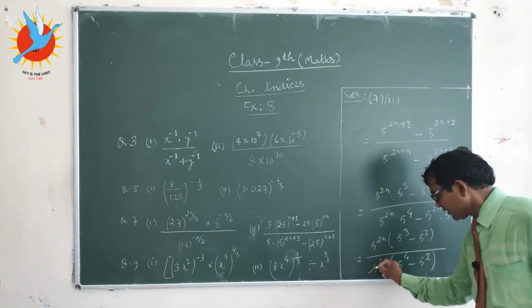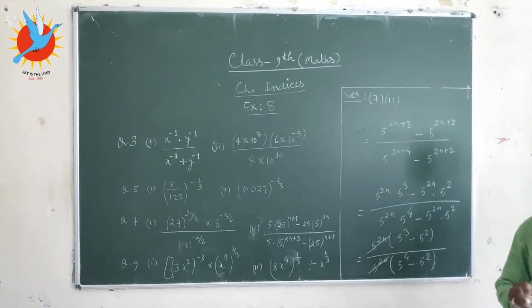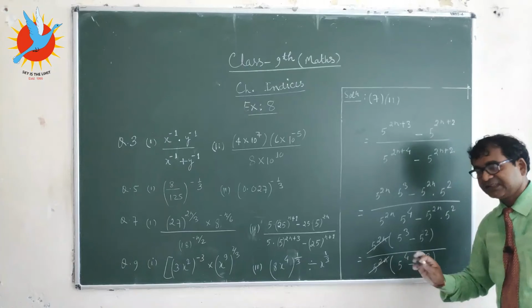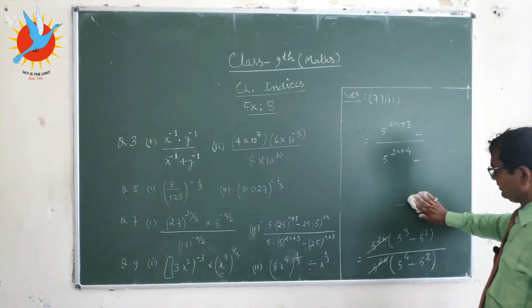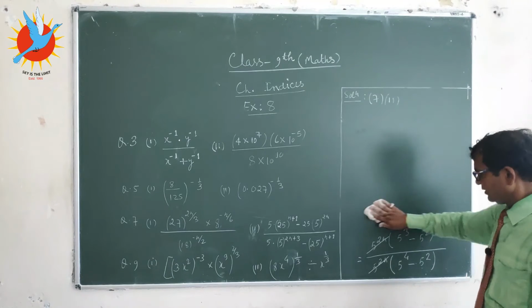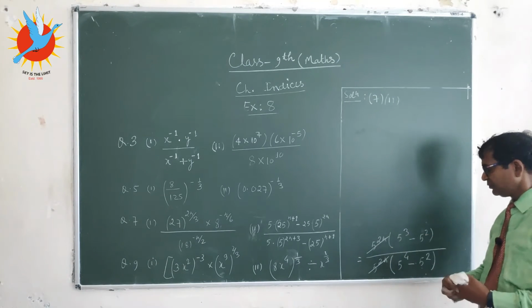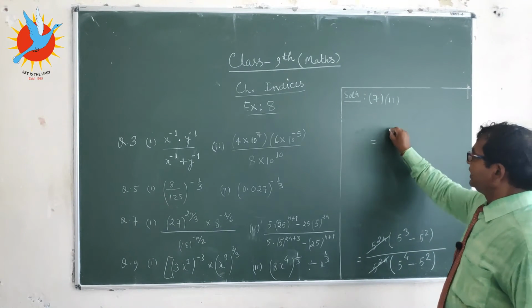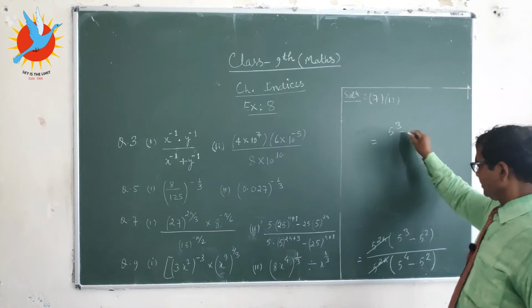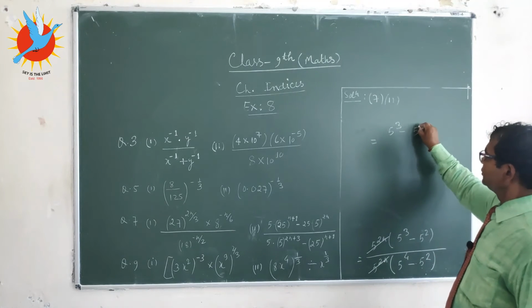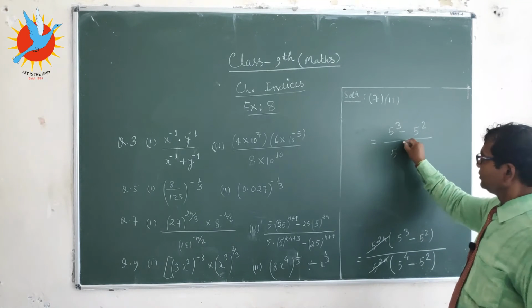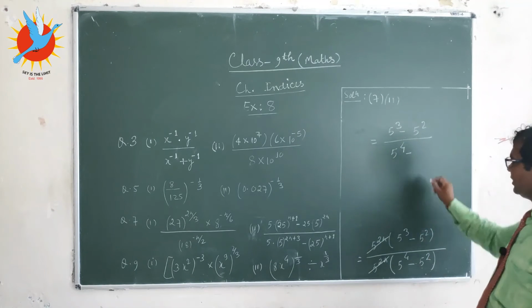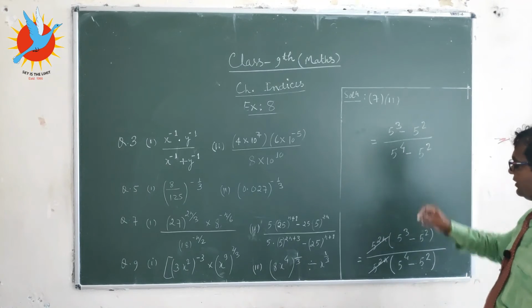Now this 5 to the power 2n can be cancelled out, and we have left 5 cube minus 5 to the power 2 over 5 to the power 4 minus 5 square.